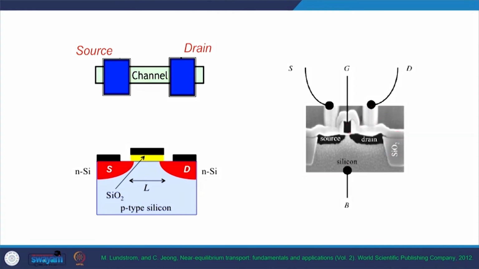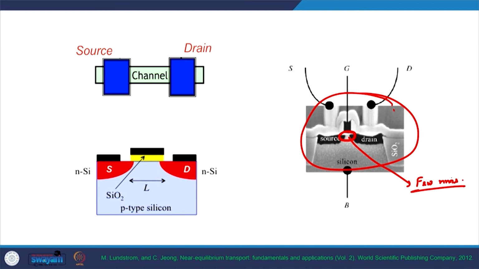I would say that this region is an extremely important part of the entire device, and it is very small compared to the entire device. In modern day devices it is around tens of nanometers, or only a few nanometers.